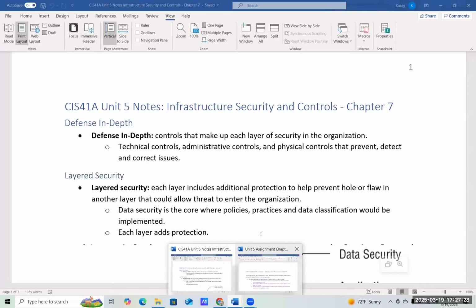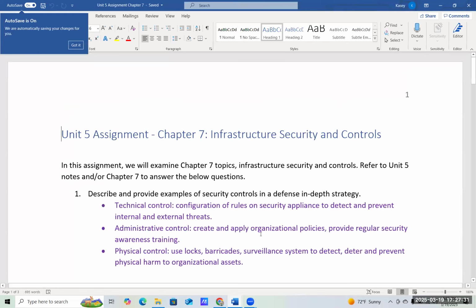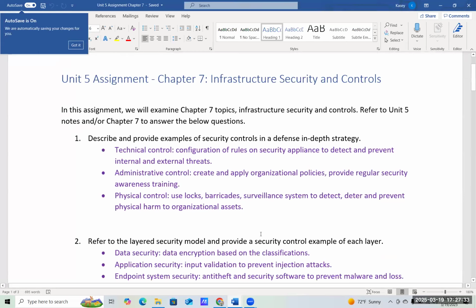Now, for the first question, it asks you to provide some examples of security controls. And these will likely come up in your job interviews, or when you're thinking about adding some of the technical elements and administrative elements or physical control into your security plan.